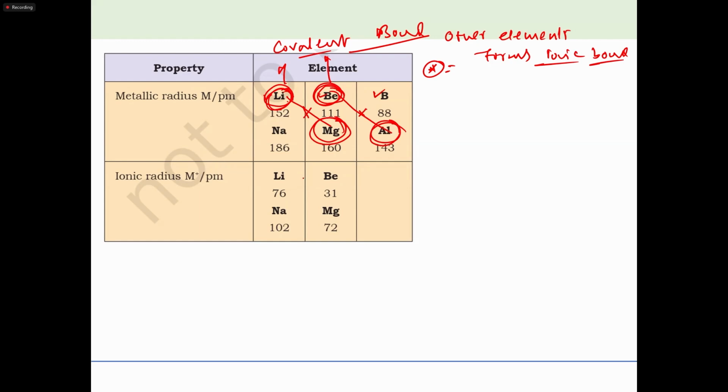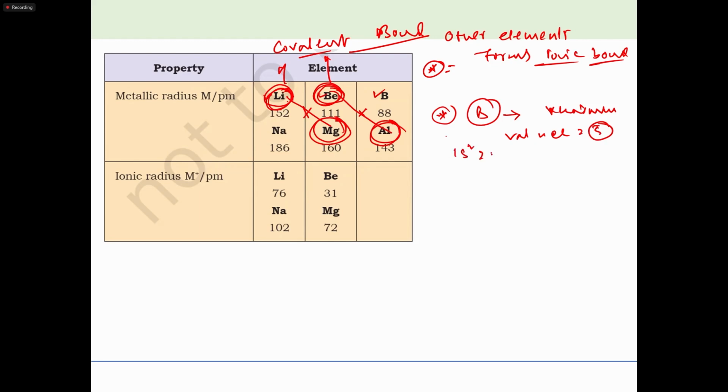Similarly, lithium and magnesium. Another thing we can say is about the first member, in the boron case. Boron has maximum valency equal to plus 5.